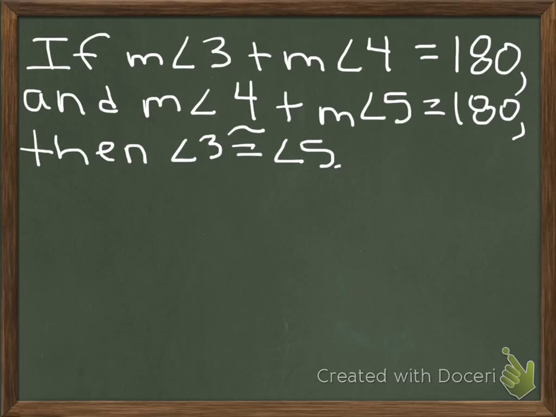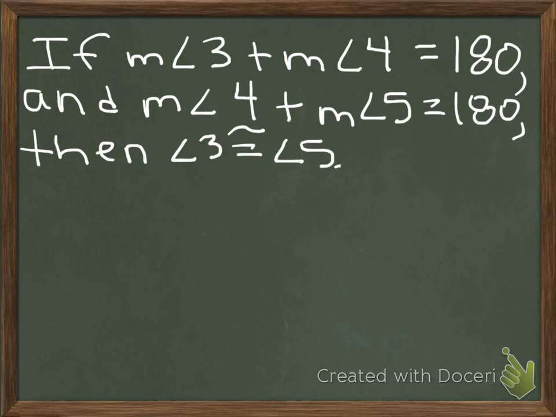And here's another one. We have if angle 3 plus angle 4 equals 180, and angle 4 plus angle 5 equals 180, then angle 3 is congruent to angle 5. So this is technically, it could be, again, two different properties, but we want to be using the most specific property here.